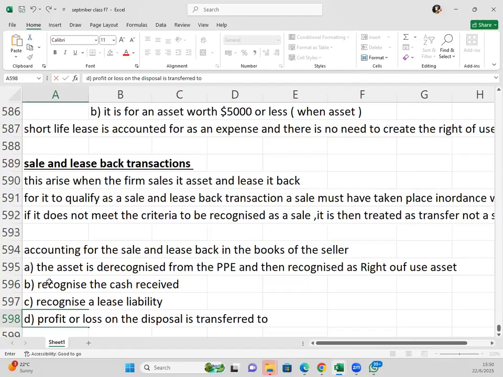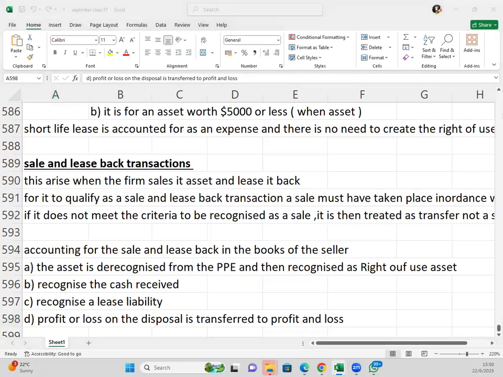The profit or loss on disposal is transferred to profit and loss.